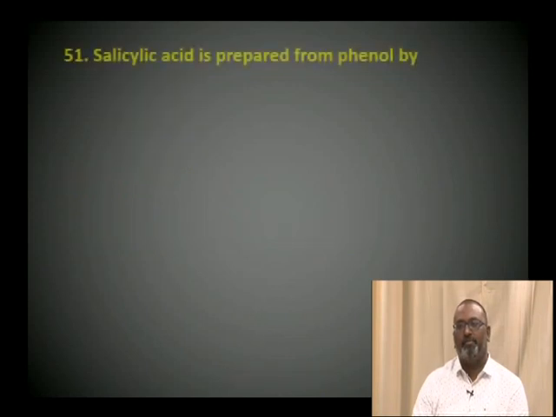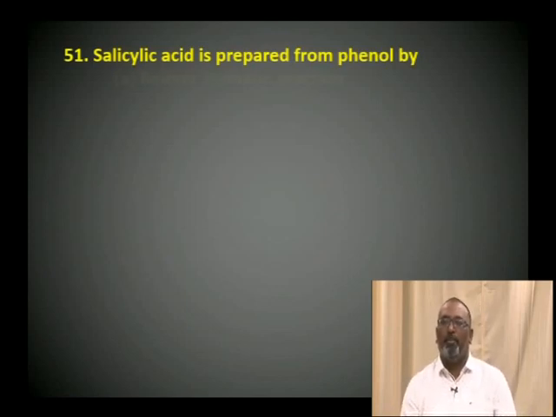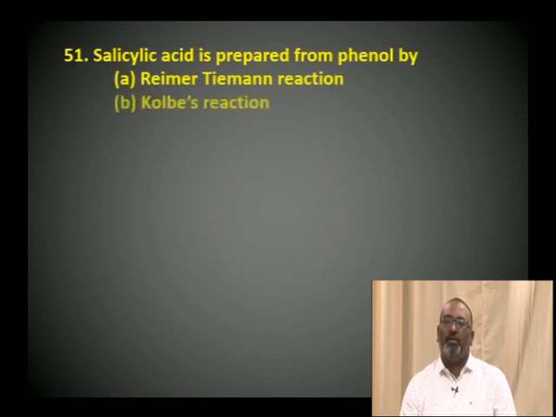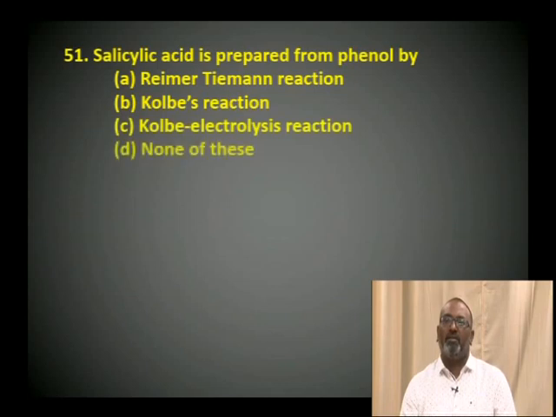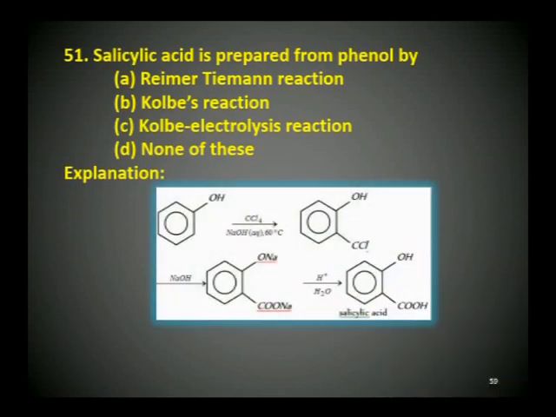Question number 51. Salicylic acid is prepared from phenol by Reimer-Tiemann reaction, Kolbe reaction, Kolbe electrolysis, or none of these. So here we are asked to prepare salicylic acid from phenol.